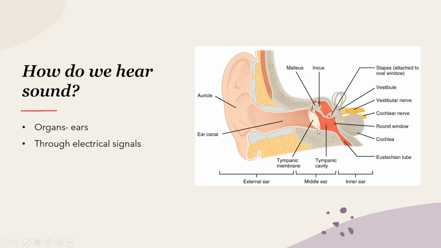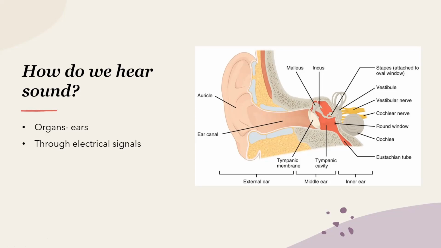This is your eardrum, which in scientific language is called the tympanic membrane. The sound hits the eardrum, a very thin sheet of membrane, and you can see by the scientific name that the tympanic membrane is also known as the eardrum.